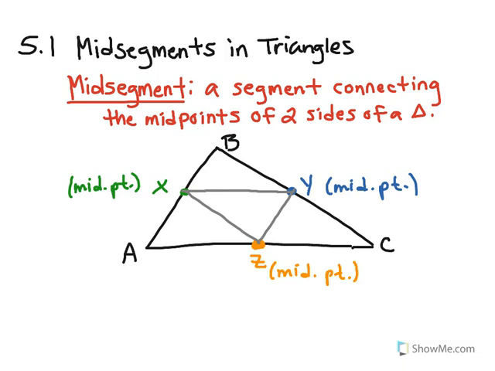What's really interesting about all of the mid-segments of a triangle is that it creates four congruent triangles. So in other words, this triangle is congruent to this triangle, is congruent to this triangle, is congruent to this triangle. After I connect all of my mid-segments, I get four congruent triangles.